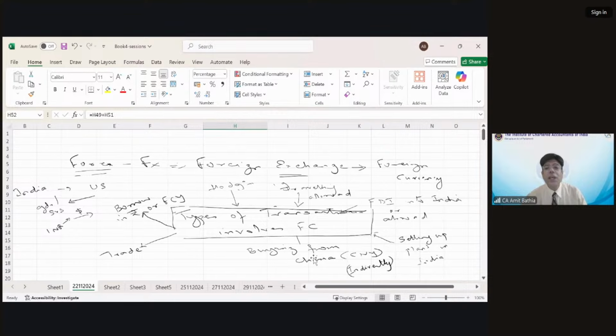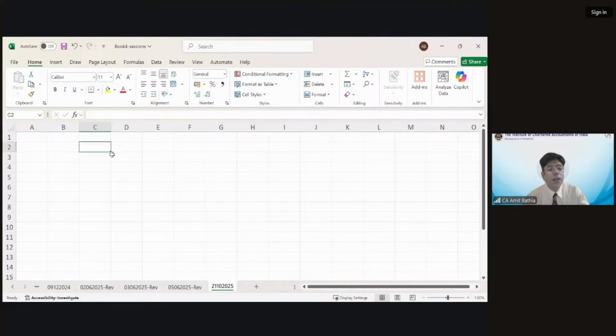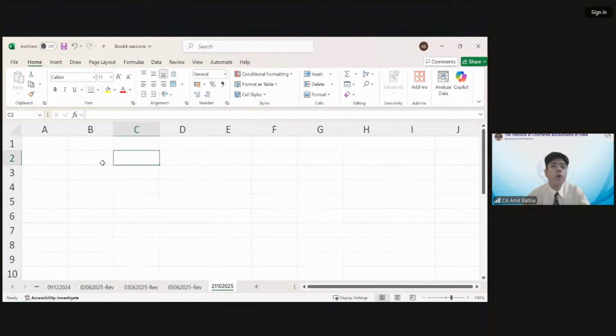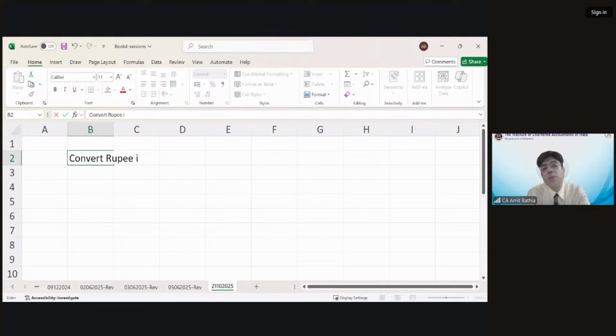Now, the moment we say I'm going to buy a particular currency, that brings me to a very important and very easy question: at what rate? How do I convert a rupee, that is Indian rupee, into USD? So how do I go about doing that?